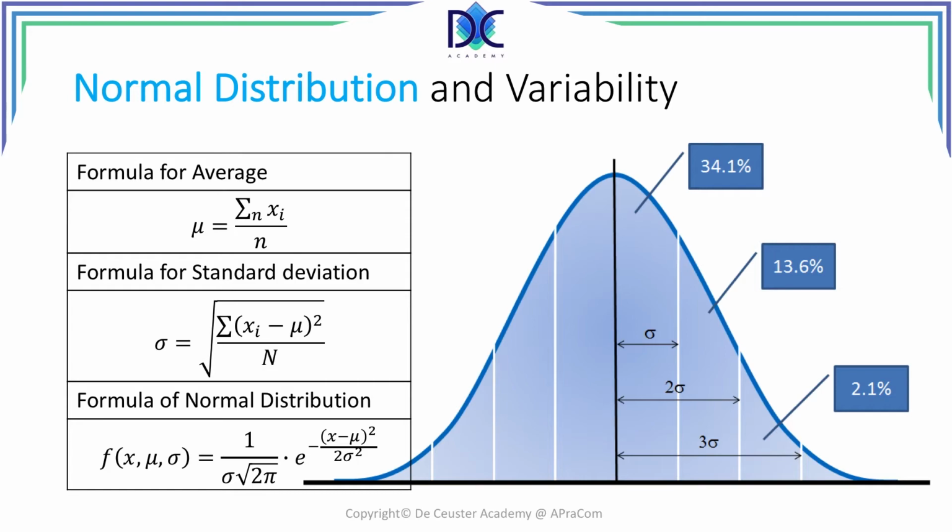We can deduct from this that the surface between average minus sigma and average plus sigma is equal to twice the surface of 34.1% or 68.2%.